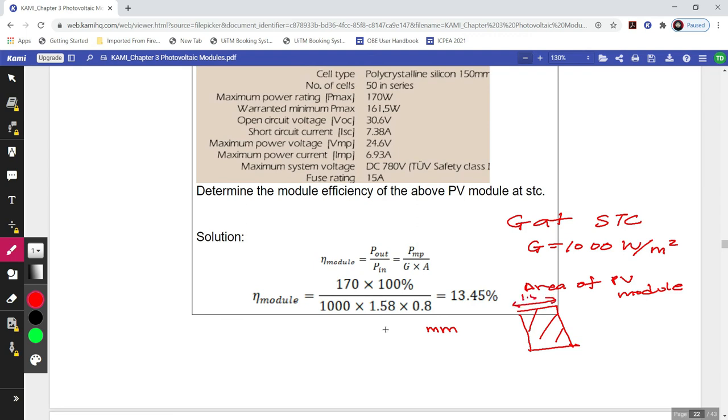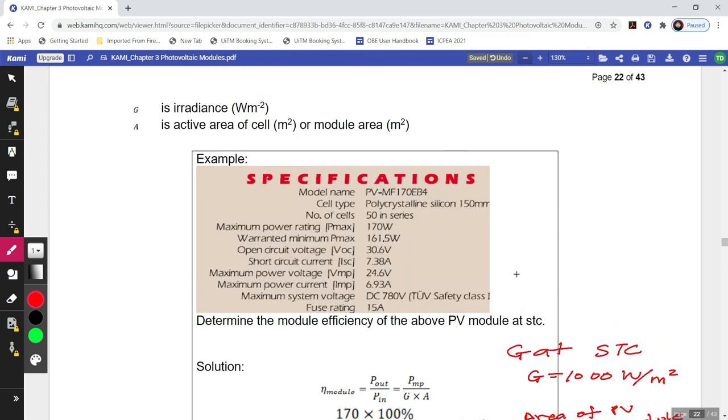So this is 1.58 meter multiplied with 0.8 meter. Because everything is in meter, you need to convert this millimeter value into meter. So you get 13.45%. So with this range we already know that this is a polycrystalline PV module, usually.